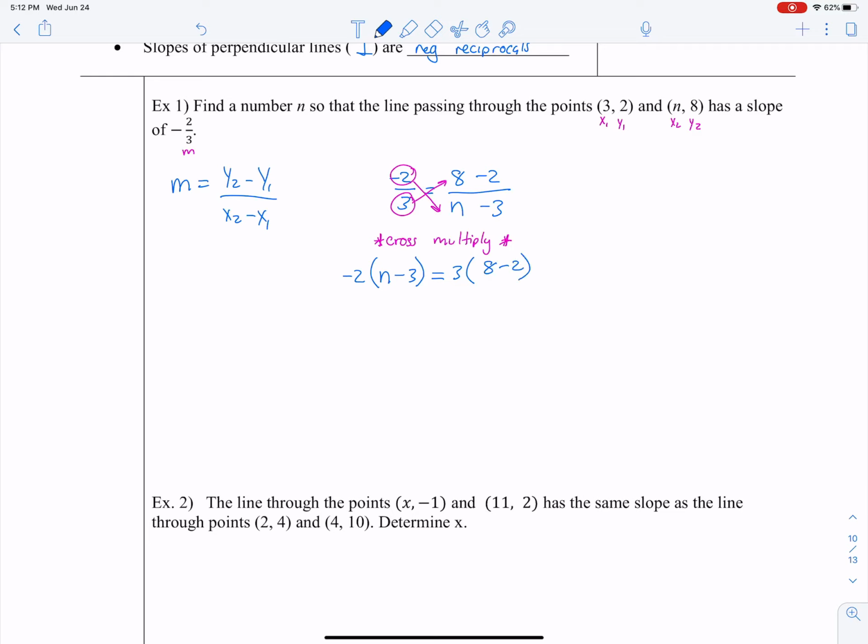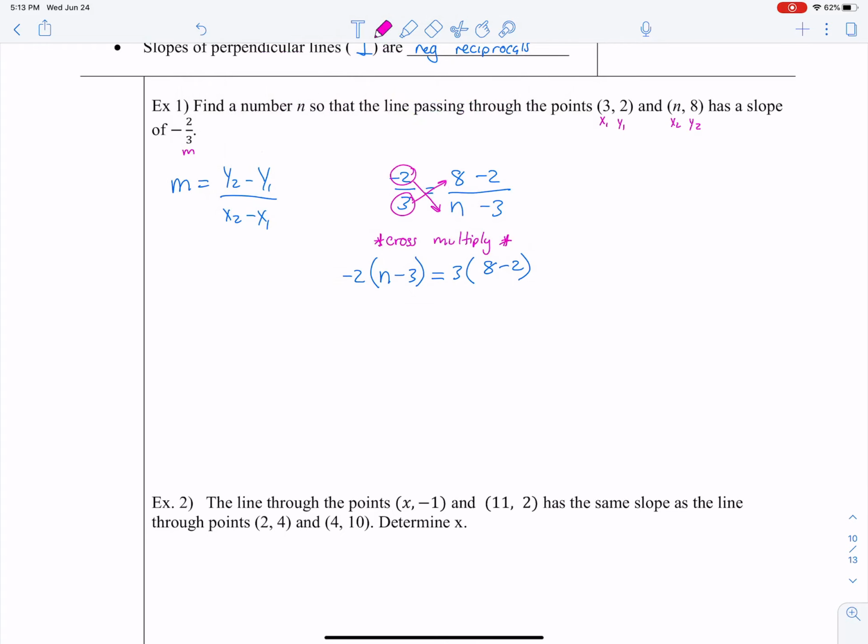Okay. Then, whenever we have a number on the outside of brackets, it needs to multiply both of these terms inside the bracket. Big mistake that people make is they'll take the negative 2 and only multiply it to the first term, the n in this case. But it needs to multiply both things.